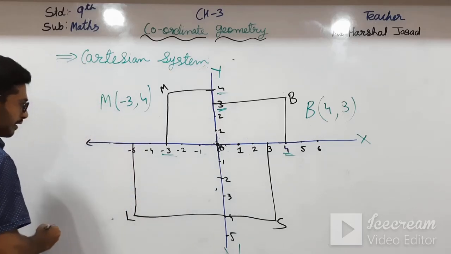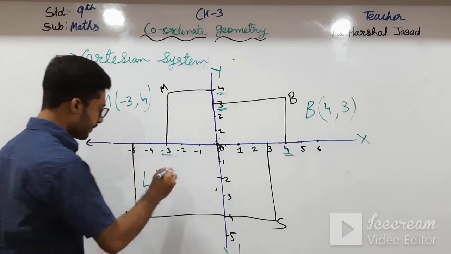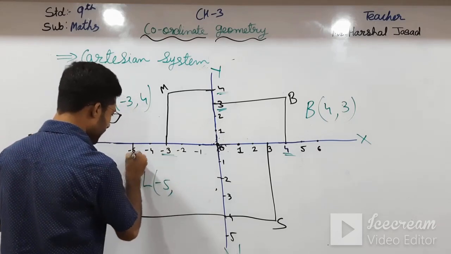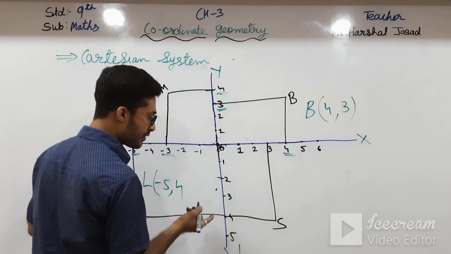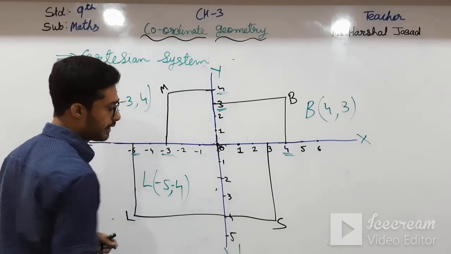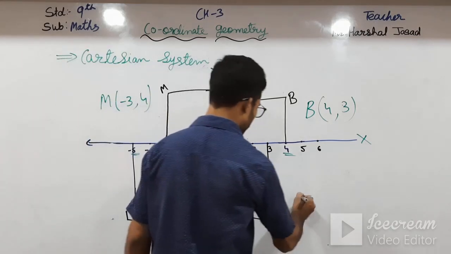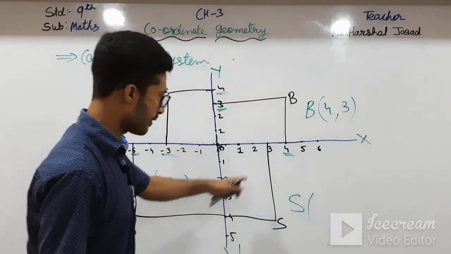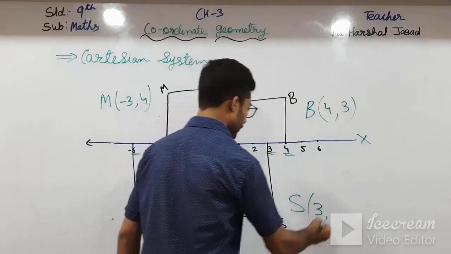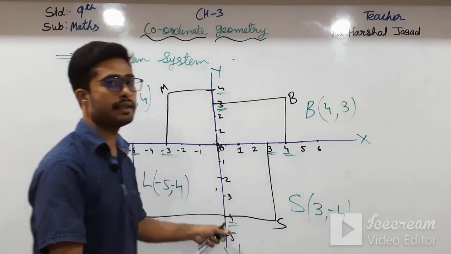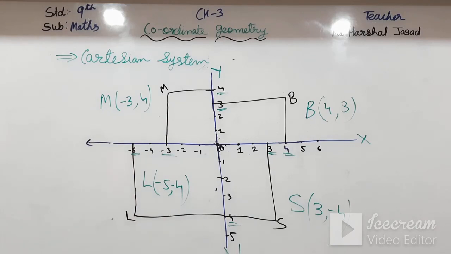Moving towards L, okay students, L. See here in the x-axis, it is minus 5, and then it is 4, but minus 4. Okay students, here it is minus 4. Now moving toward S coordinate, how can we define? First of all we define x, that is 3, and then y, that is 4, but minus 4, it is in the negative y-axis direction. So we have found the coordinates of example number 1.